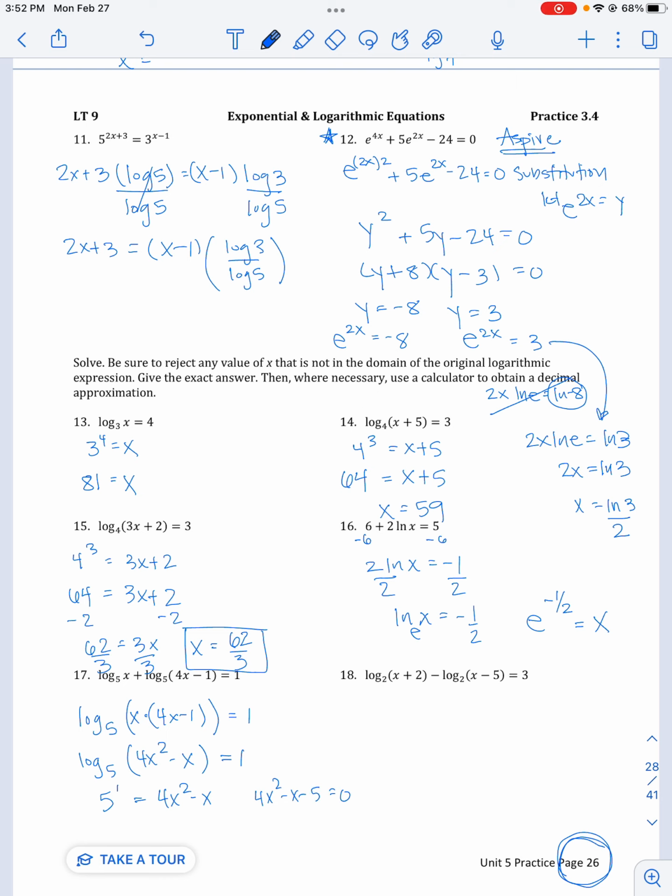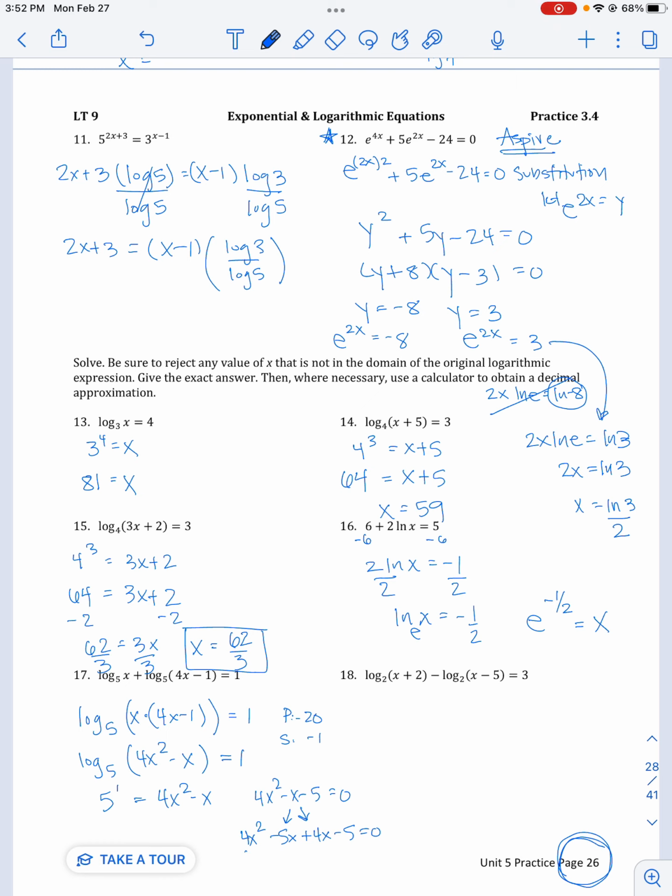If we factor that, we're looking for a product of negative 20 and a sum of negative 1. We're going to factor by grouping, or factor by borrow and pay back. I'm going to do factor by grouping here. So I've got 4x squared minus 5x plus 4x minus 5 equals 0.